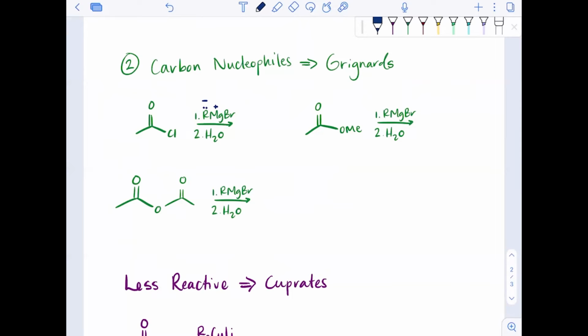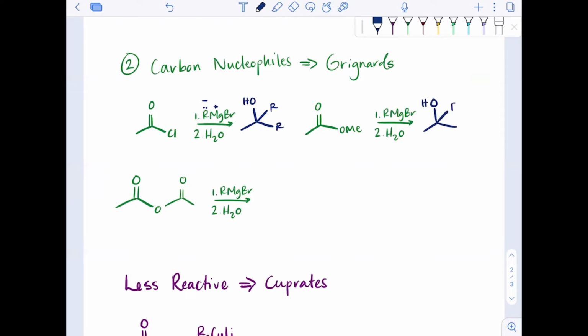And so that nucleophile, again, adds twice. When we have our acyl chlorides, our esters, or our anhydrides, Grignard reactions react very fast, and they will react twice to add on 2 identical R groups onto that carbonyl.